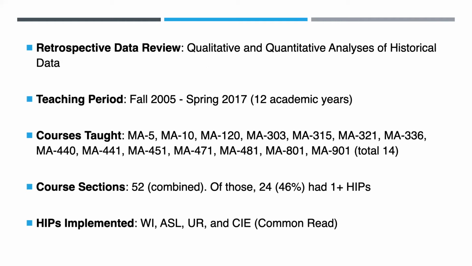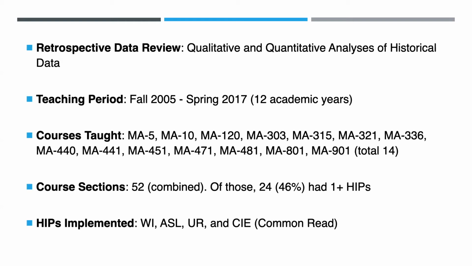And in fact, I was looking at courses that I taught between fall 2005, when I started at Queensborough Community College, and the spring of 2017. So it was 12 academic years. And now in those 12 years, I have taught multiple sections of different courses, a total of 14 different courses. And if I combine the sections of these courses that I taught, it was a total of 52 sections of courses.